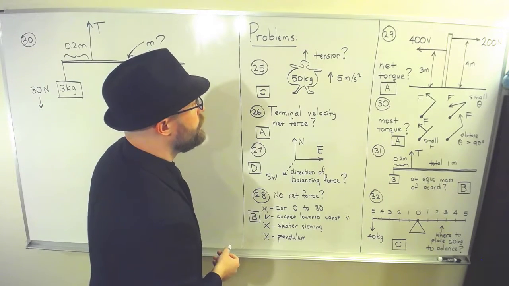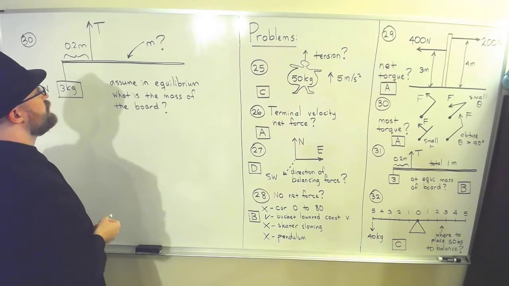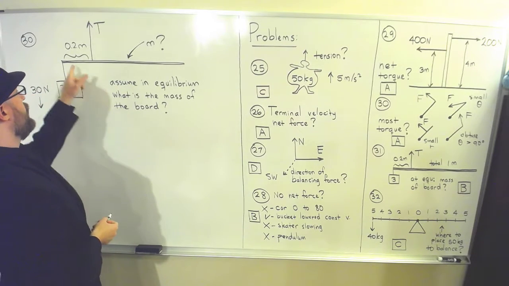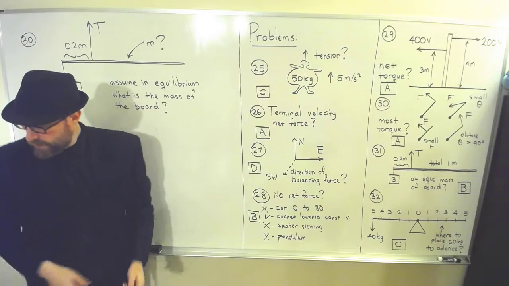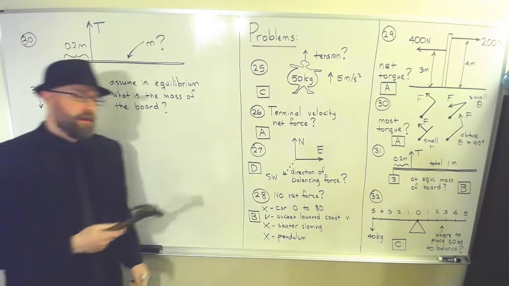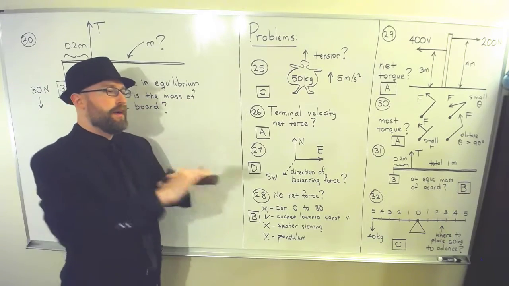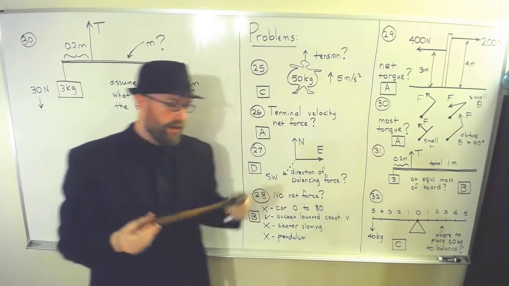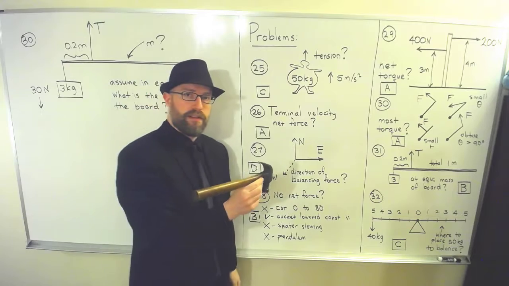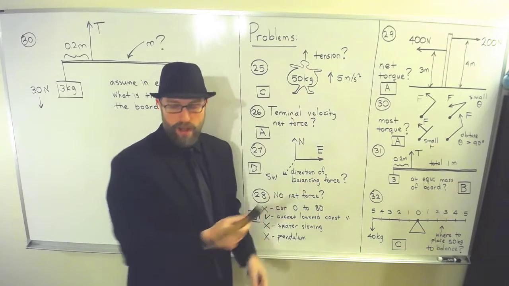Well, what you should do is assume that instead of thinking about the board, you remember when I had the hammer, I told you how when the hammer rotates, you can think about the complicated motion of the entire hammer as motion about its center of mass, which is very close to the head.